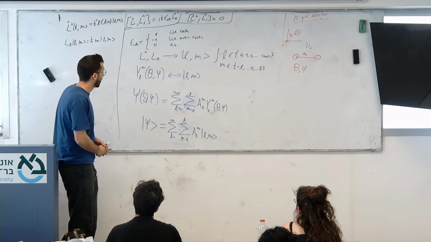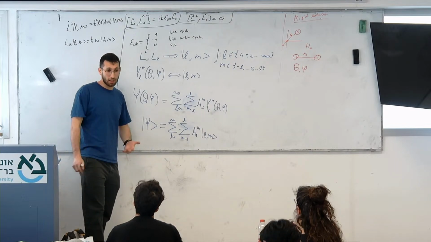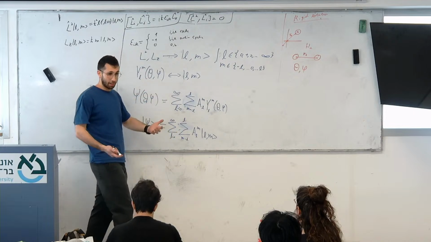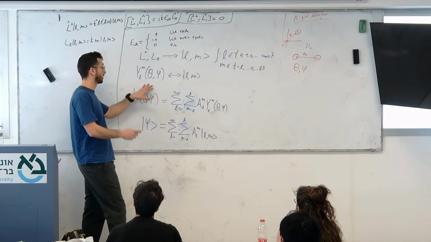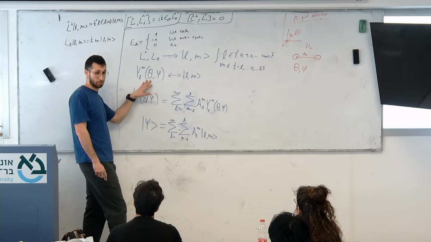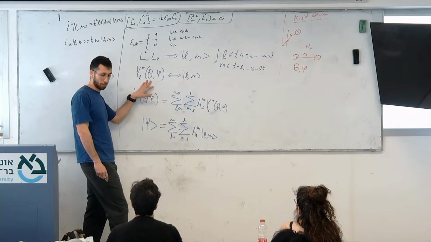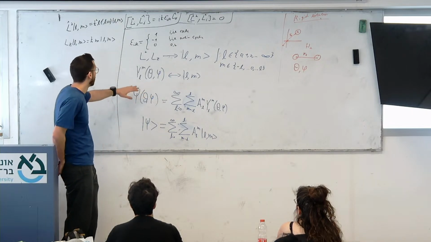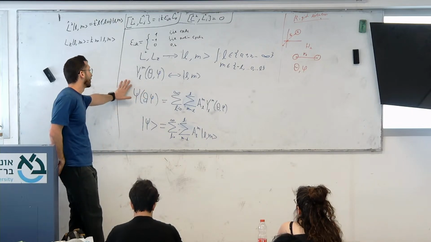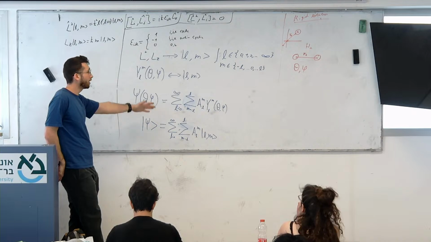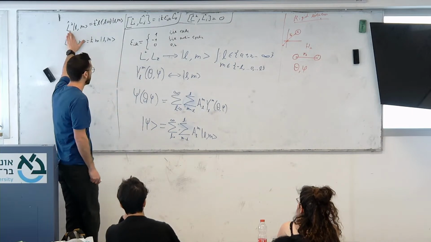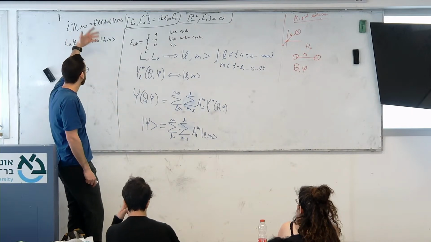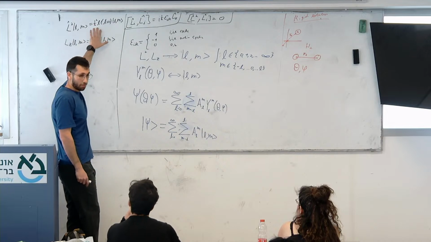I told you that similarly to sine of x and exponential polynomials, we can span the full basis with those spherical harmonics. And I told you that if we apply those operators to those states, we're going to get some eigenvalues.